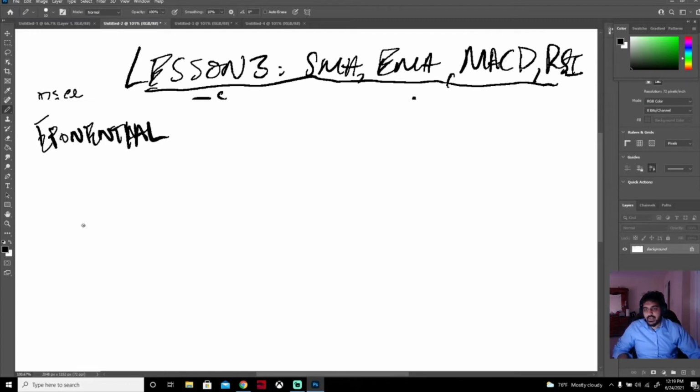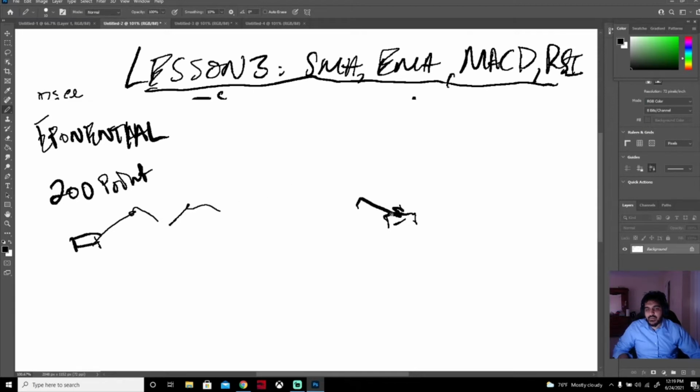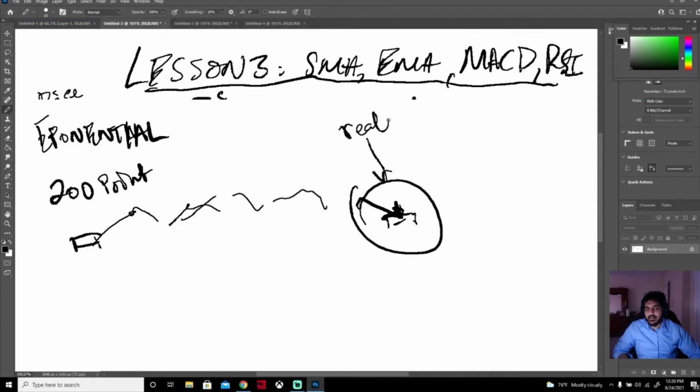So you realize that if, say, you had a 200-point SMA, the last point change is weighted almost as much as the most recent change, which is pretty odd because you would think that this one has more weight in real time than the thing that happened 200 minutes ago.